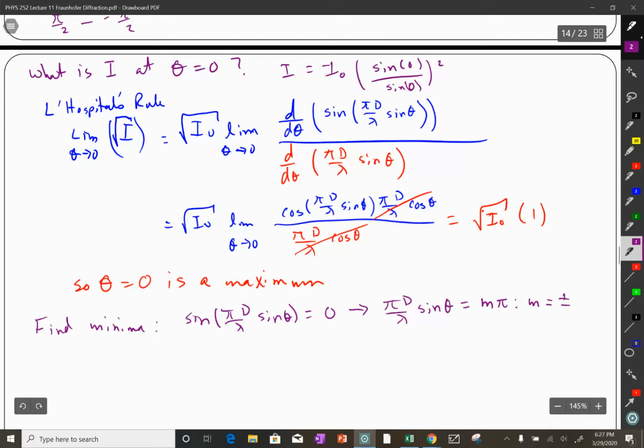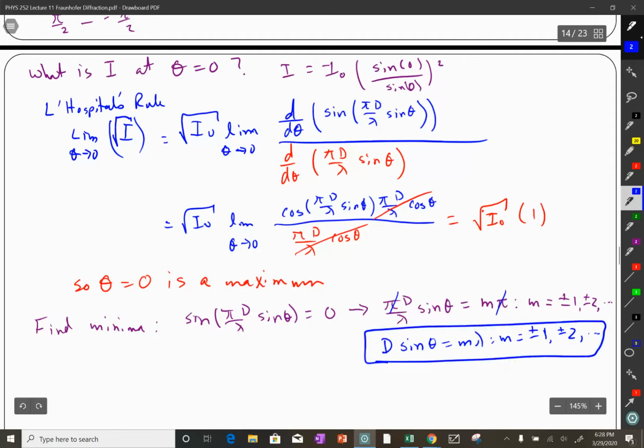So it's plus or minus 1, plus or minus 2, etc. So just like before, we will cancel the pi's, and we have d sine theta equals m lambda, where m is equal to plus or minus 1, plus or minus 2, etc. And that's the equation for minima. Now maxima is a much harder process. I'm going to do that at the end of the lecture, so I'm not going to find the maxima right now.